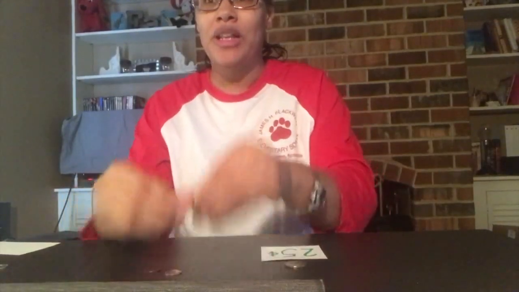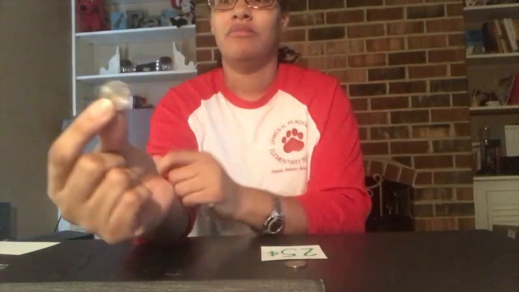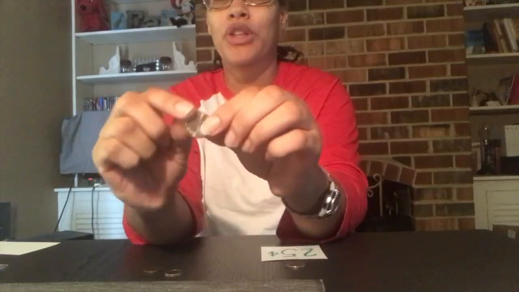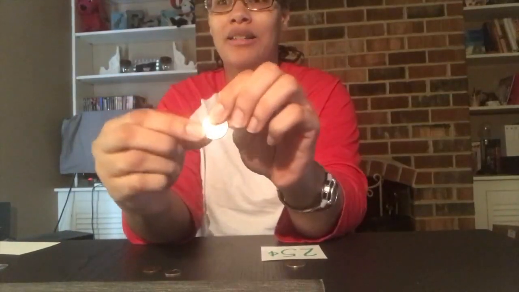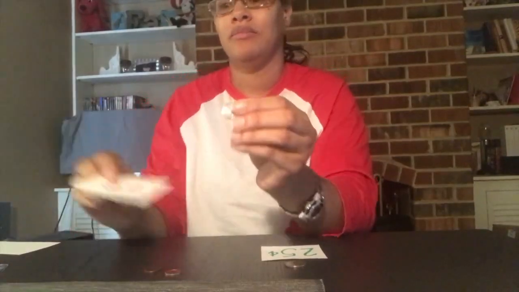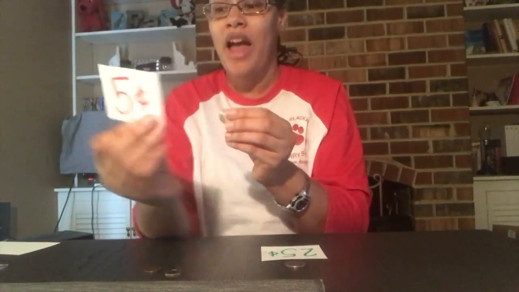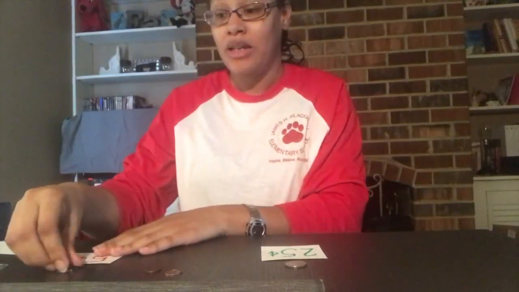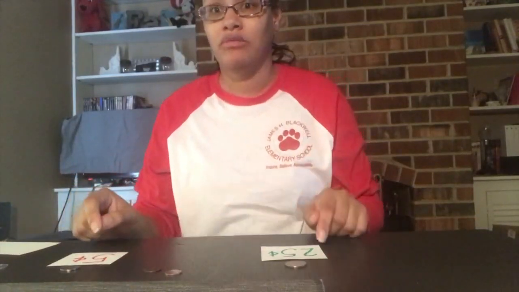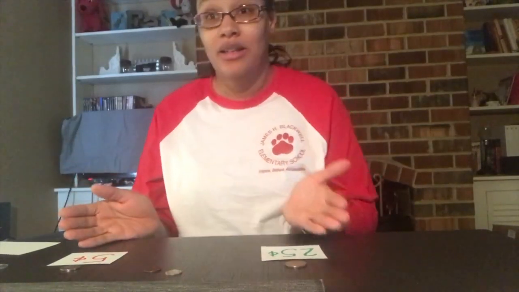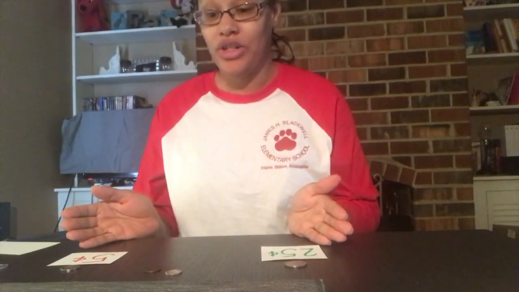Okay? So a nickel's value, we can tell it's a nickel because it's smooth on the outside. A nickel's value is, right, 5 cents. So I'm going to put him over here because a nickel comes before 25 cents. So we have the smallest, a penny, to the largest.